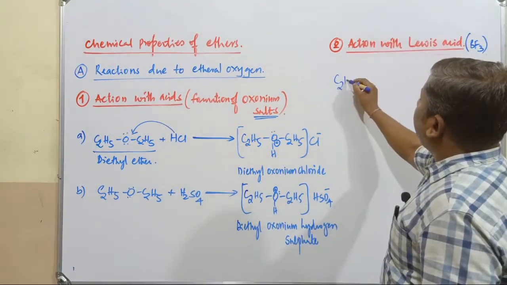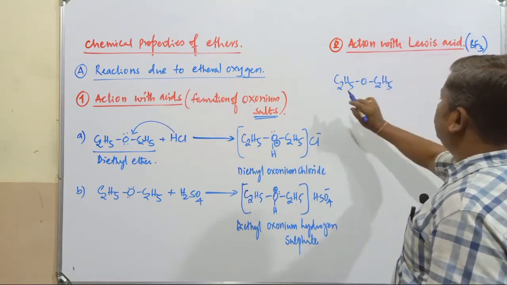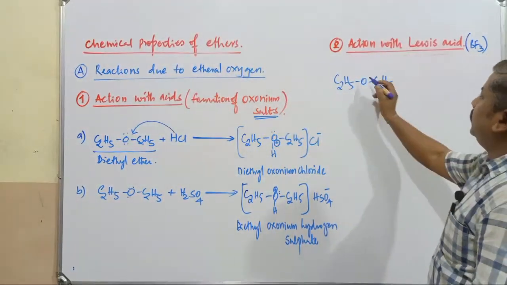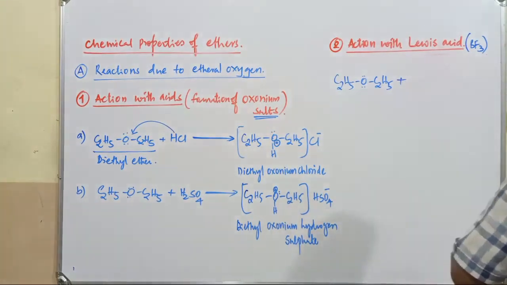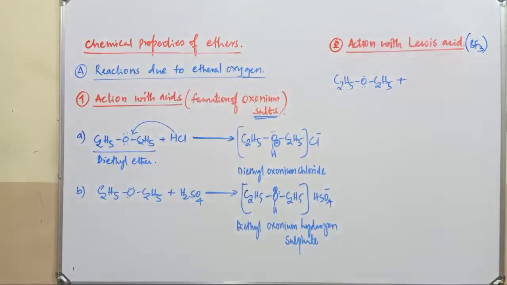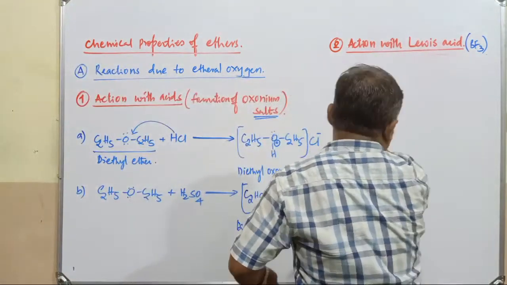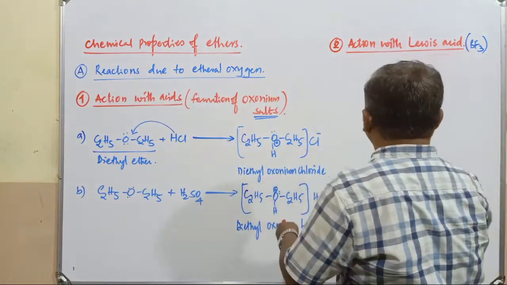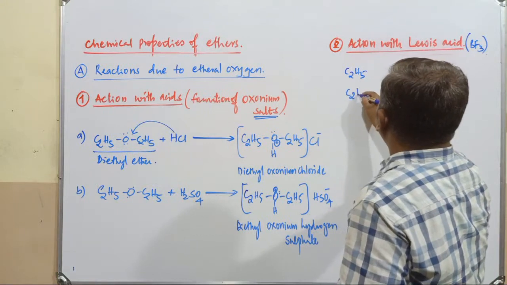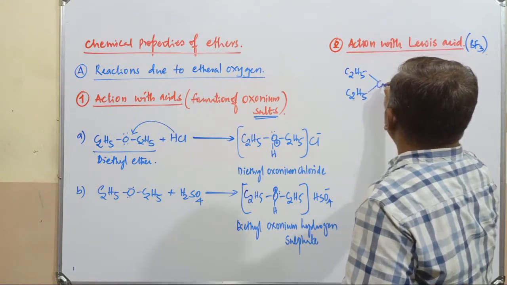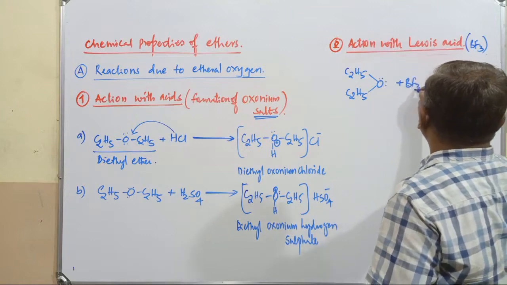Now this is C2H5OC2H5. Take any ether; I am taking diethyl ether. Instead of writing it this way, I'll write in this format, just for convenience: C2H5, oxygen, C2H5, plus BF3.